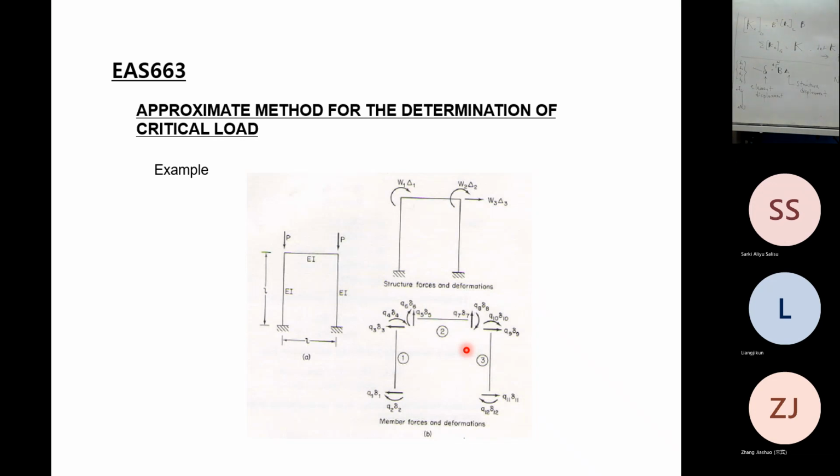Here, because we already consider the boundary condition, the support conditions, when we form the B matrix. So if you remember the first example, we formed the whole matrix first, then we considered the boundary conditions.